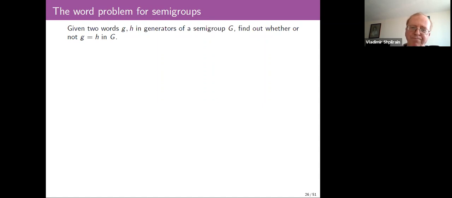Well, let's say you look at half of the input word U, and whatever this half of U is, it usually cannot tell you that this word is not equal to 1 in the given group G.